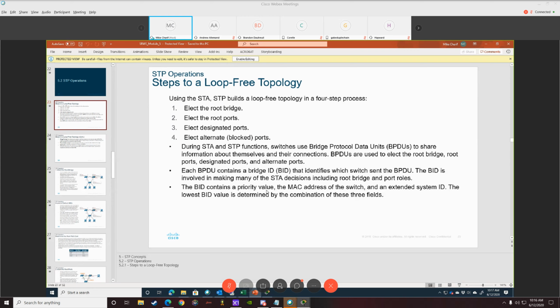The 5-year-old one. Yeah, the older switch. So can you imagine if I'm applying redundancy and I have a switch I bought 6 or 7 years ago? Well, guess what? That switch is going to be the root bridge.